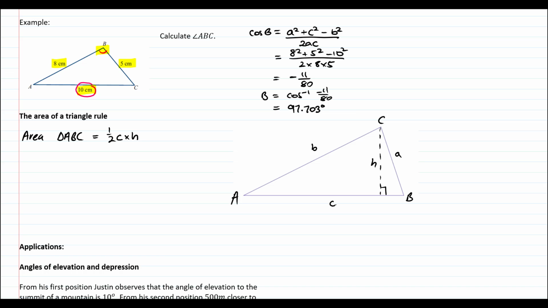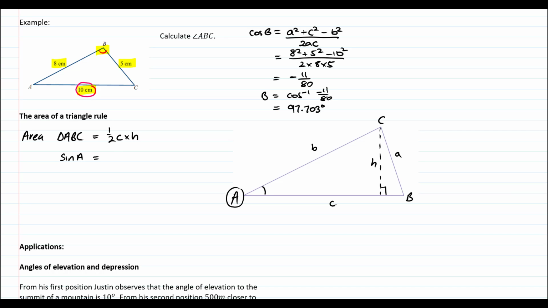But in this case, we might not know the base. We might not know the height. We know A, B, and C in a lot of triangles, but not the height. So let's imagine instead of the height, we use a different value. Now, let's say we knew this angle here, so we know A. Well, if we were to know A, we could work out the height in terms of A and b, little b that is. So the height will be part of this ratio.